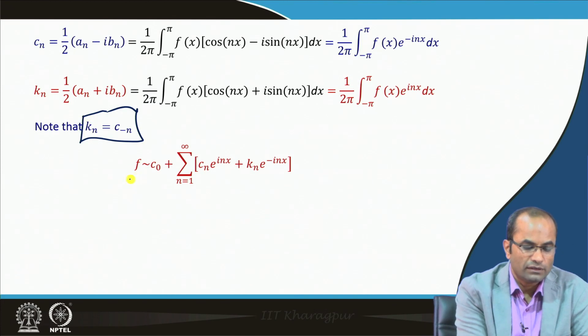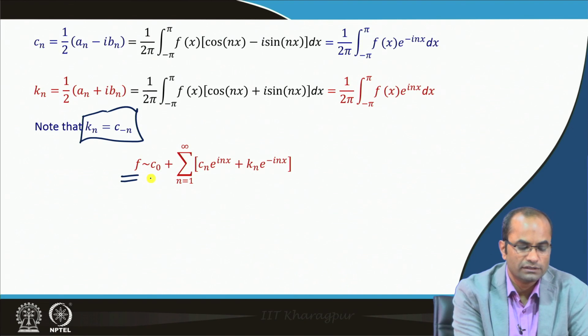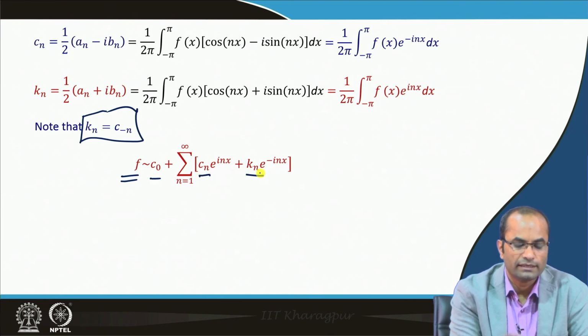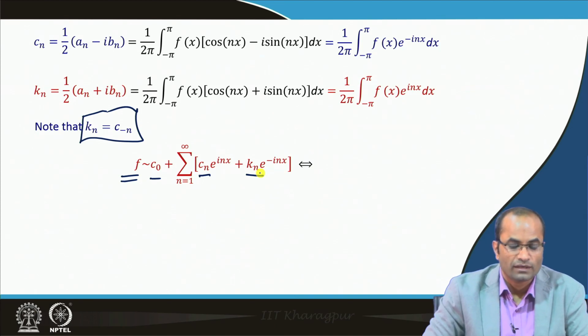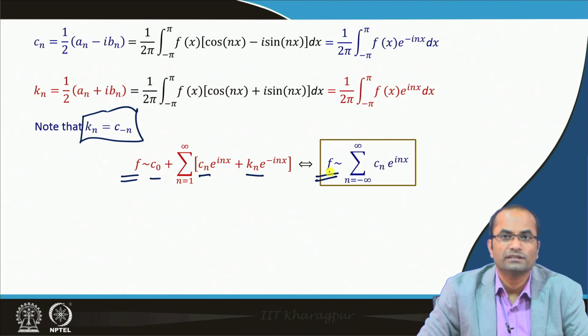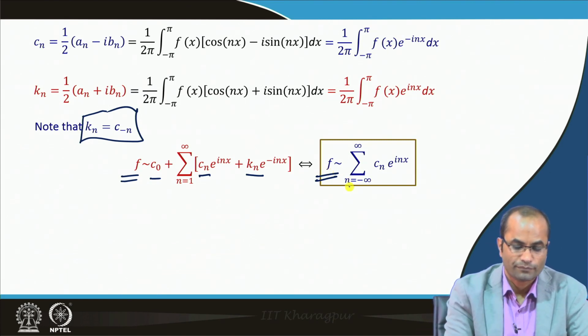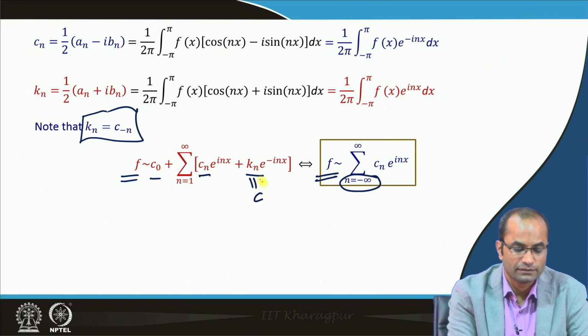So, having this, now again we are getting back to the Fourier series. The Fourier series is c_0, then c_n, and then k_n here. So, the k_n can be replaced by c_minus n. Then f can be represented in a compact form, having this summation from minus infinity to plus infinity, because this k_n is nothing but c_minus n.